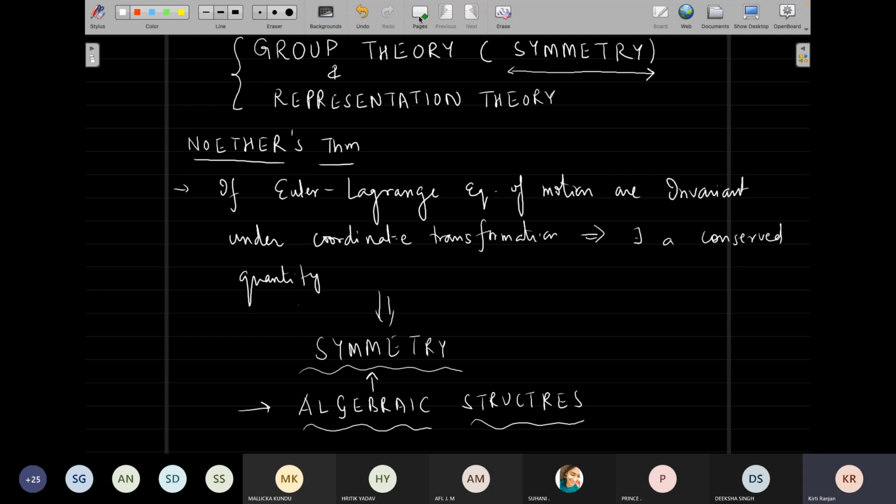So that's the idea. Now we already talked about one algebraic structure when we started our unit 1. That was the structure which we called what? Linear vector space. Yeah. And this was when we were discussing the superposition principle in quantum mechanics.